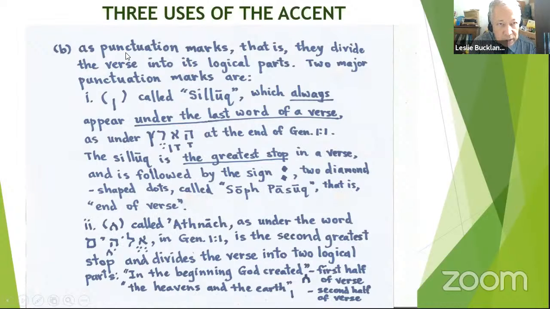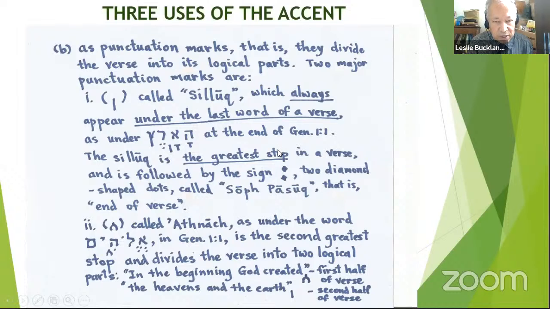So another use of the accent, in addition to showing where the syllable is that should be stressed, is that the accent acts as punctuation marks. They divide the verse into its logical parts, and you have Siluk, which comes under the last word of a verse, right before the last syllable.